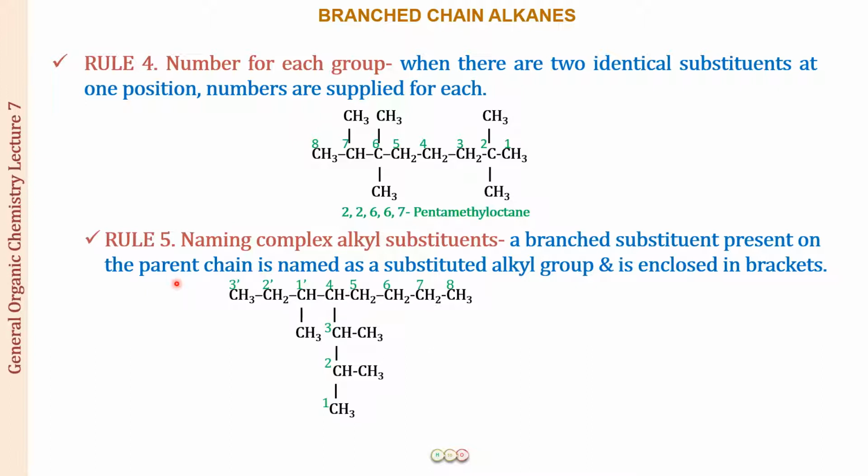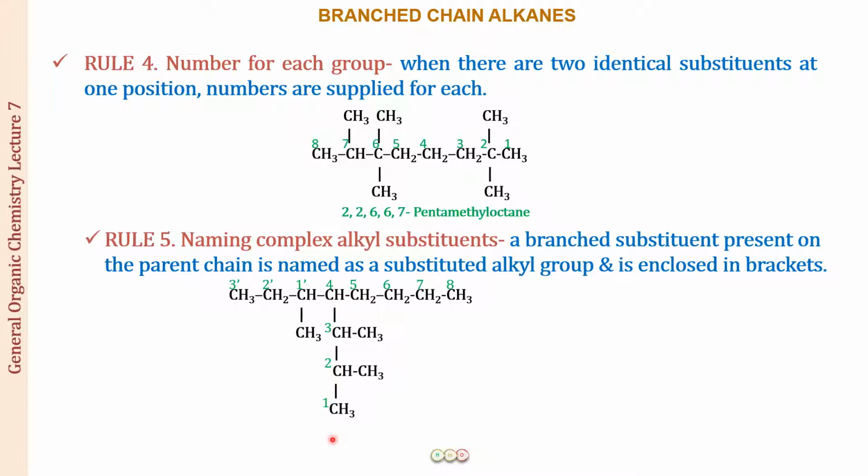When you are going to choose the parent chain, choose the more substituted parent chain. For example in this one, if you start numbering from here 1 2 3 4 5 6 7, or from this side also, you will have one substituent over here and one substituent over here. So if we start from this carbon, it will be positions 3 and 4 where we have two substituents.